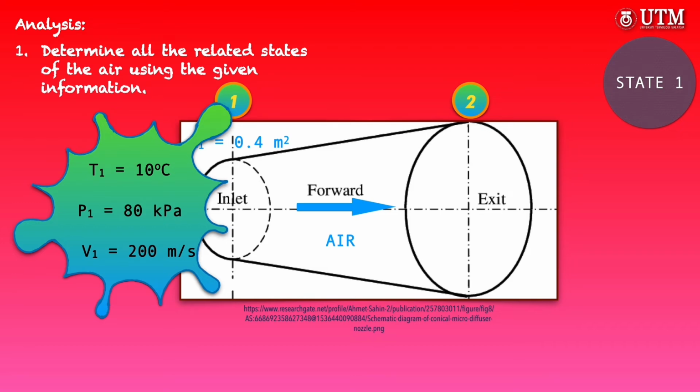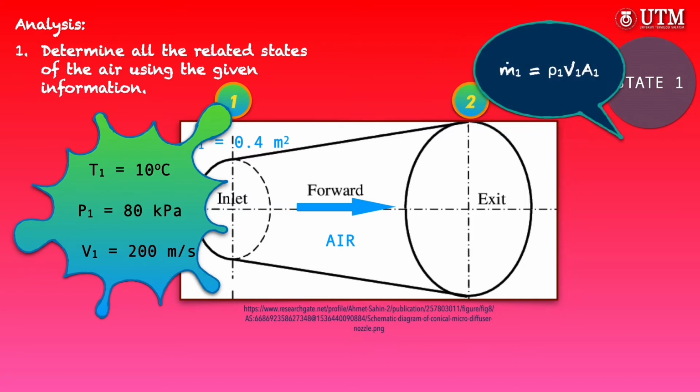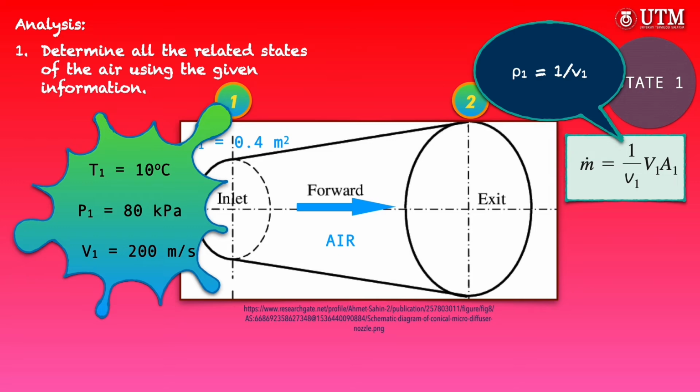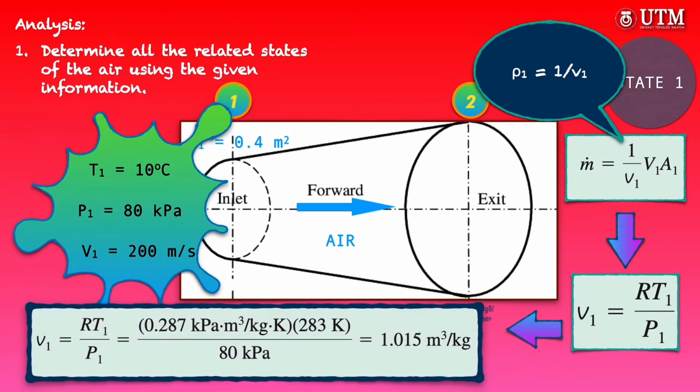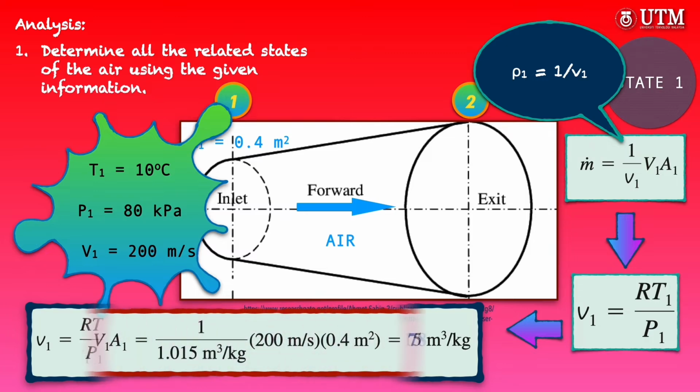As demonstrated, the mass flow rate at state 1 can be determined through the ideal gas equation of state. Through this exercise, we have successfully answered the first question, that is, to determine the mass flow rate of air.